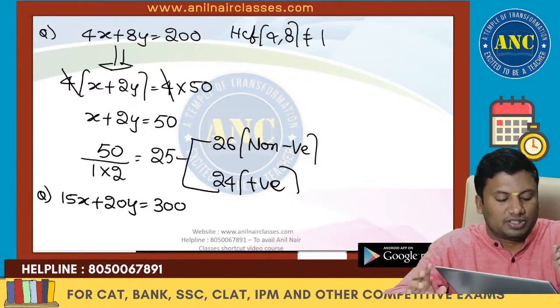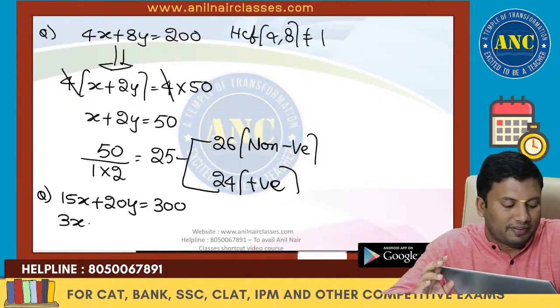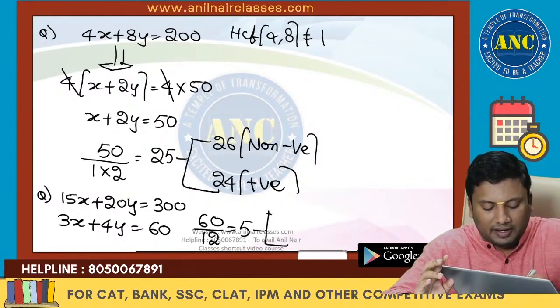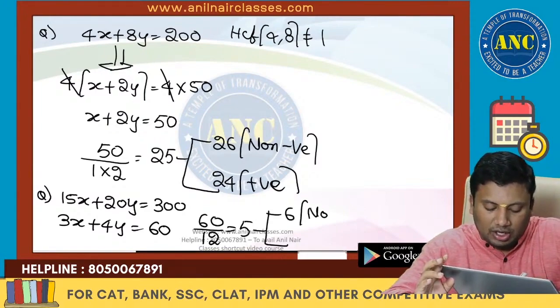Both are multiples of 5, so they are not co-prime. 5 3s are 15, 5 4s are 20. It is nothing but 60. So here it is 60 by 12, which is 5. So answer is 6 non-negative and 4 positive.